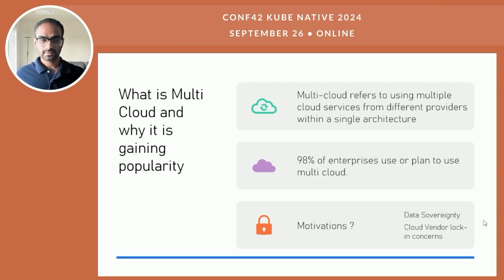As part of a recent survey, 98% of enterprise customers are either switching to or are already on a multi-cloud strategy. And the main motivations, first, data sovereignty. If I have customers worldwide serving in different regions and different countries, I have to abide by the country's data privacy and data protection laws.